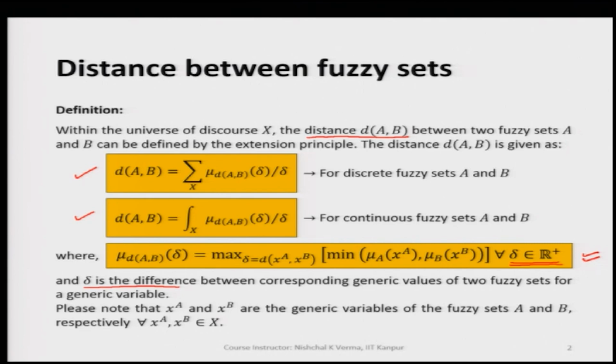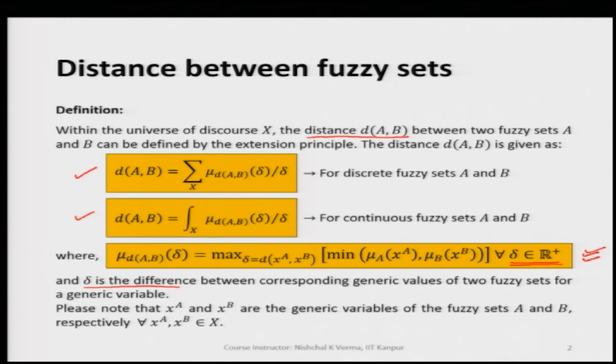I hope this is clear, and with this we can find the distance between any two fuzzy sets. We can compute the membership values of the corresponding generic variable values by this relation, and delta, as I mentioned, is the difference between the corresponding generic values of the two fuzzy sets.